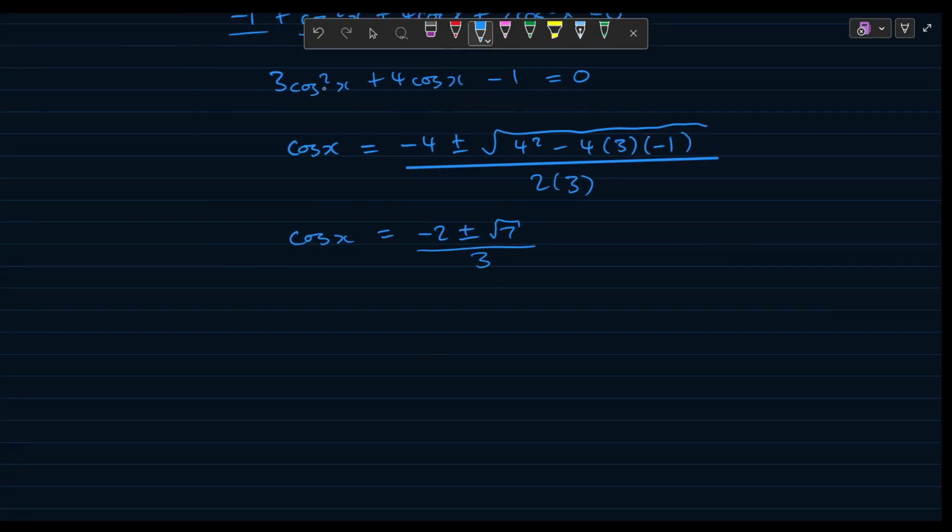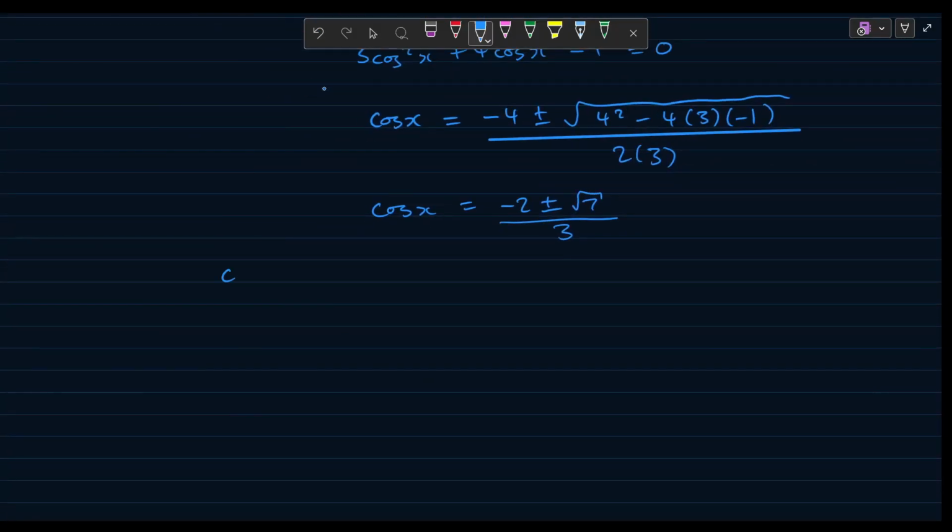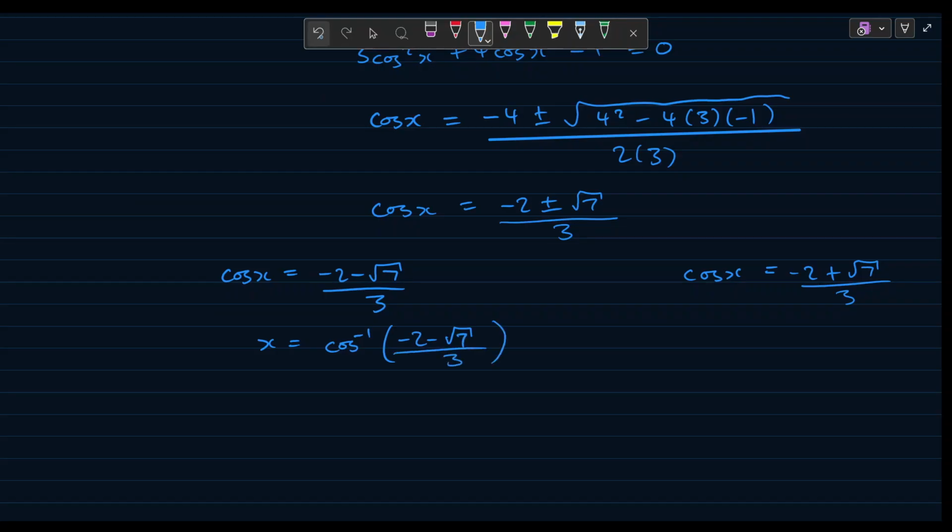So we're getting that either cos x is equal to (negative 2 minus root 7) over 3, or that cos x is equal to (negative 2 plus root 7) over 3. Okay, so x is equal to arc cos of (negative 2 minus root 7) over 3.